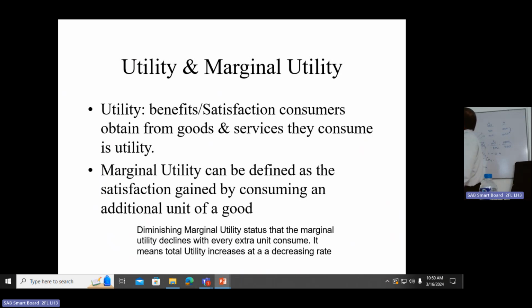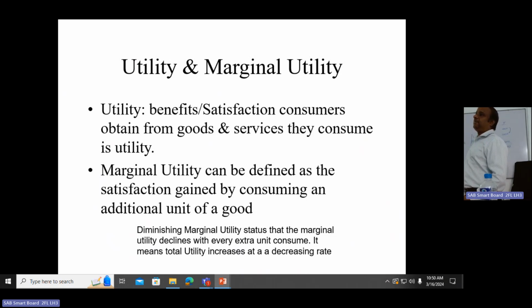Utility is the benefit or satisfaction a consumer obtains from goods or services by consuming products. Now we know that a product has the capacity or the power to give us utility.